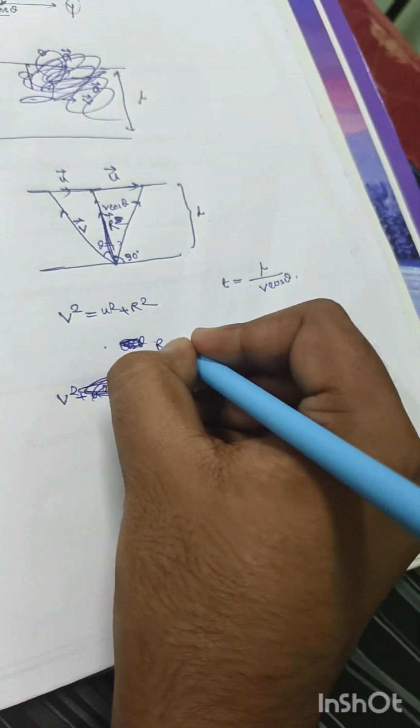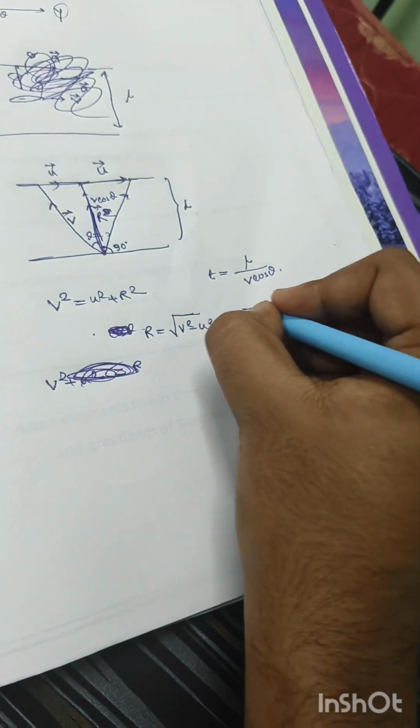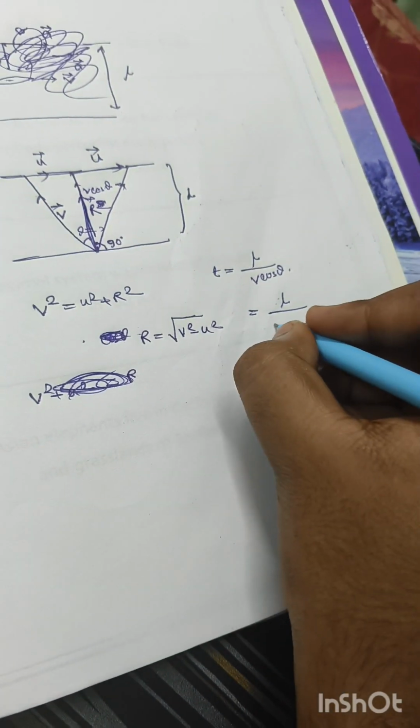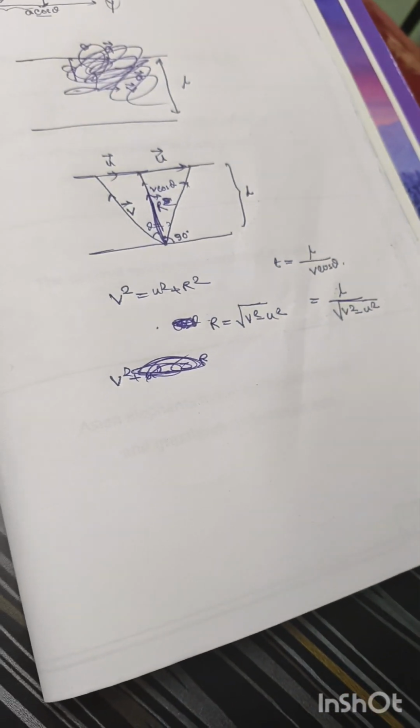Then r means d square minus u square, so it will also be L over the square root of p square minus u square, if we do not know the value of theta.